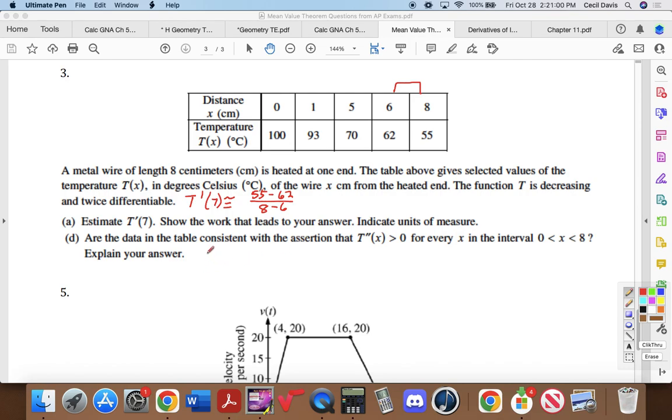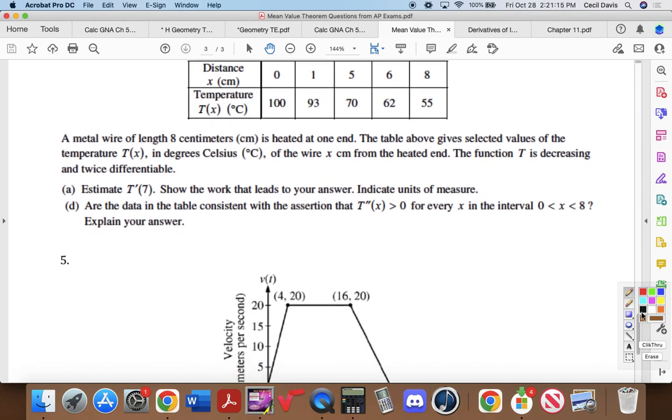All right. Next part: are the data in the table consistent with the assertion that T double prime of x is greater than 0 for every x on the interval from 0 to 8? Explain your answer. I picked out some of the nastier problems for these.